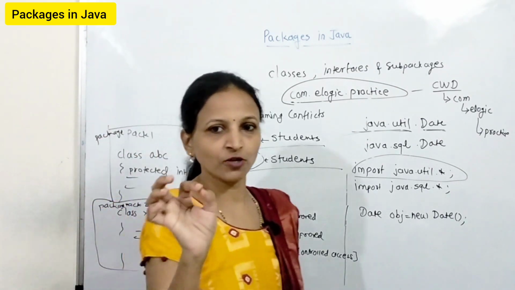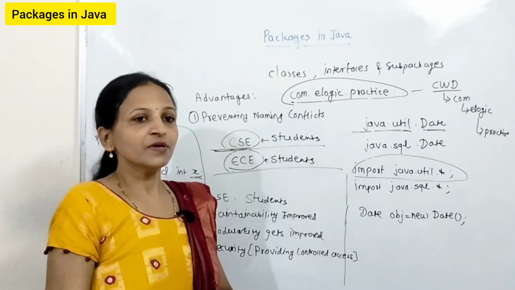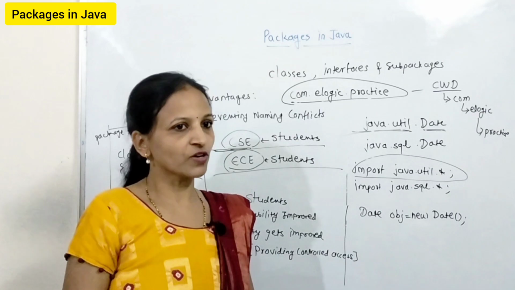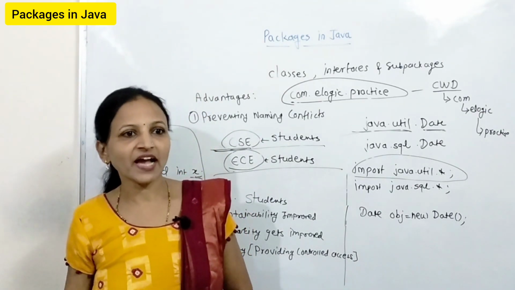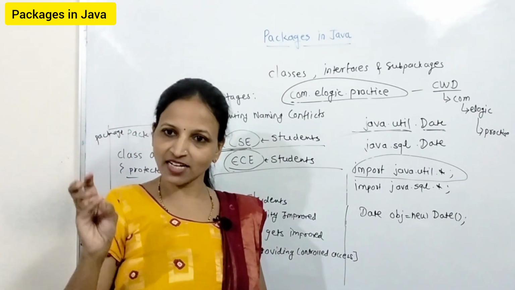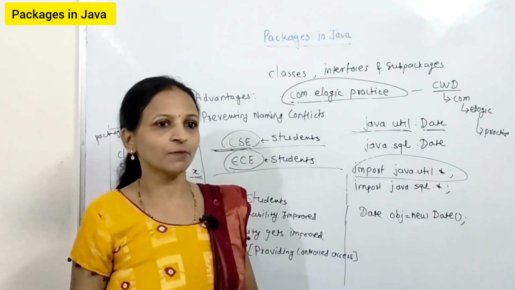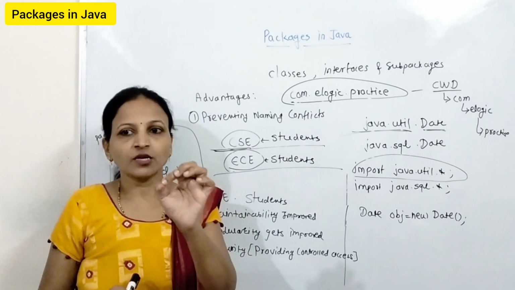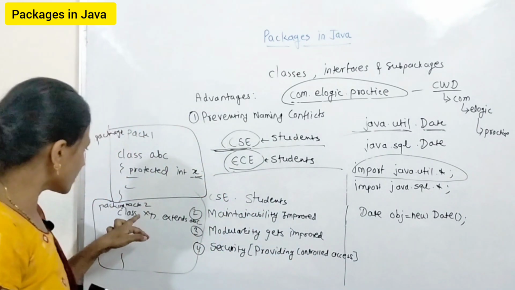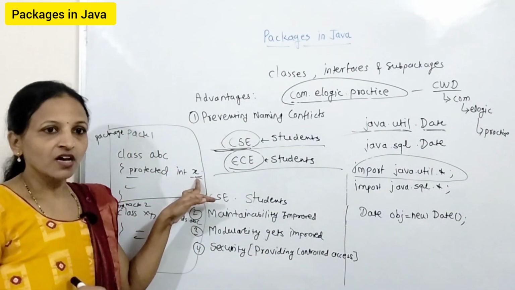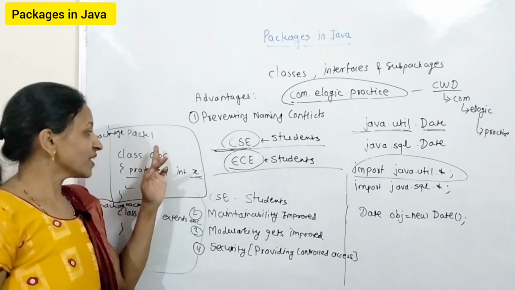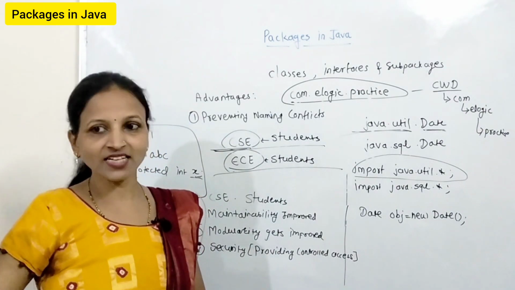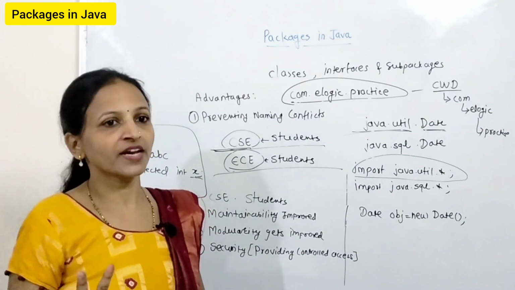Keep in mind this protected access modifier. If it is inside the same package, and there is an inherited class, then you can access it. If there is an inherited class in any other package, there also you can access that protected member. Keep one more point in mind: if you have given the protected access modifier to any member, then it is accessible inside that package, and if there is any derived class outside that package, there also you can access it.